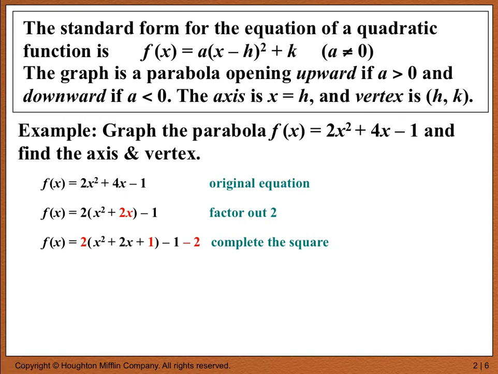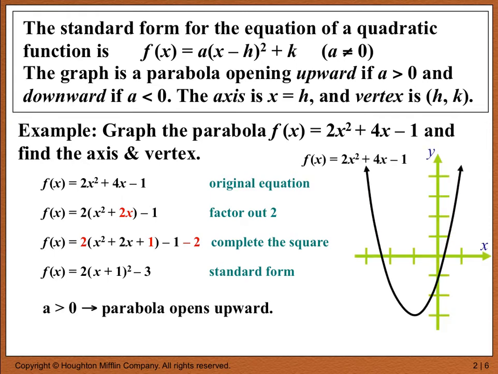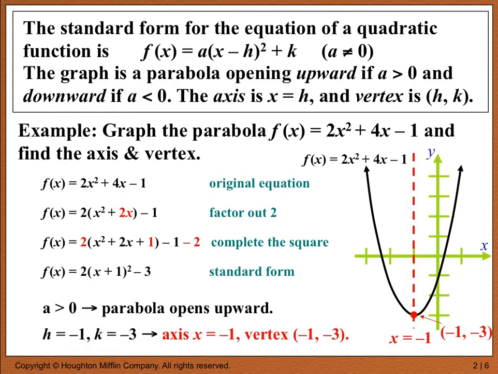All right, so we're going to continue completing the square. And we're left with 2 times the quantity (x plus 1) squared minus 3. We now have a standard form of this quadratic equation. And therefore, we can graph with the vertex at (-1, -3). And we know that the vertex is (-1, -3) because we have our h and k.